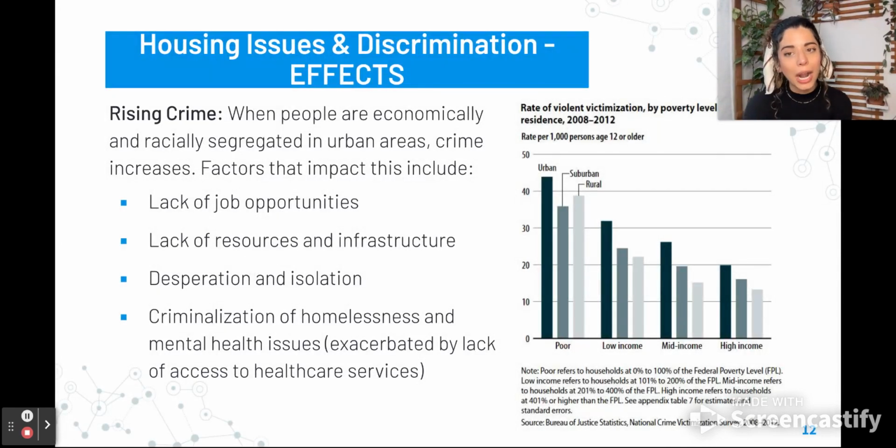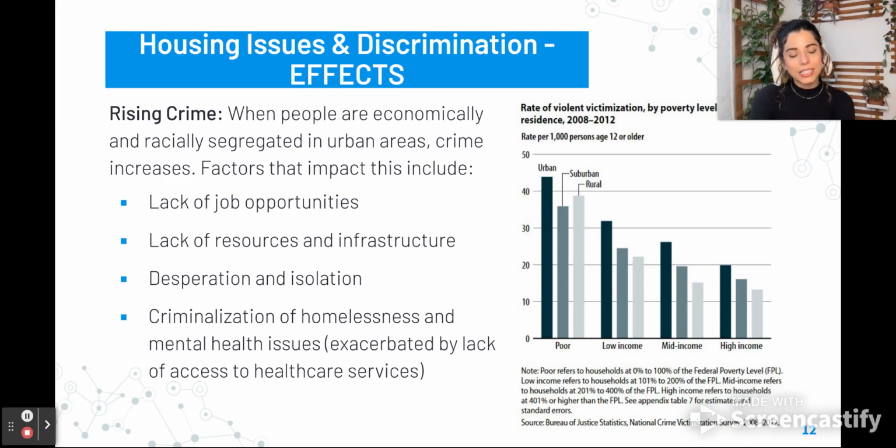Also, we have rising crime. When people are economically and racially segregated in urban areas, crime increases. Factors that impact this could include a lack of job opportunities for various reasons. There have been plenty of studies that have shown that if two CVs or two applications are submitted to the same job, usually the name that is more foreign or sounds more ethnic doesn't get reached out to.